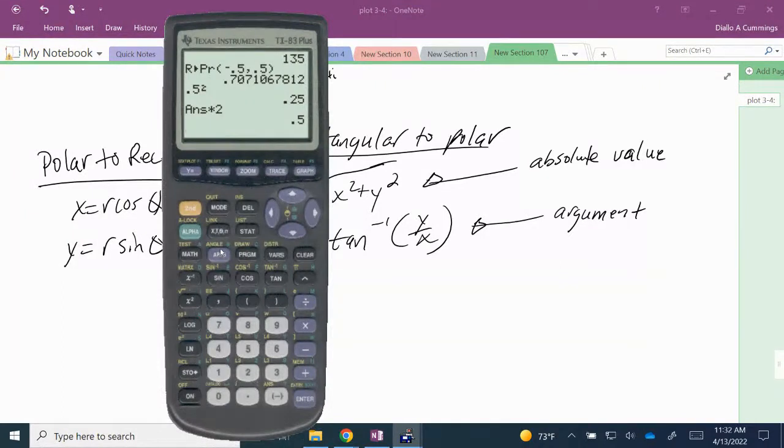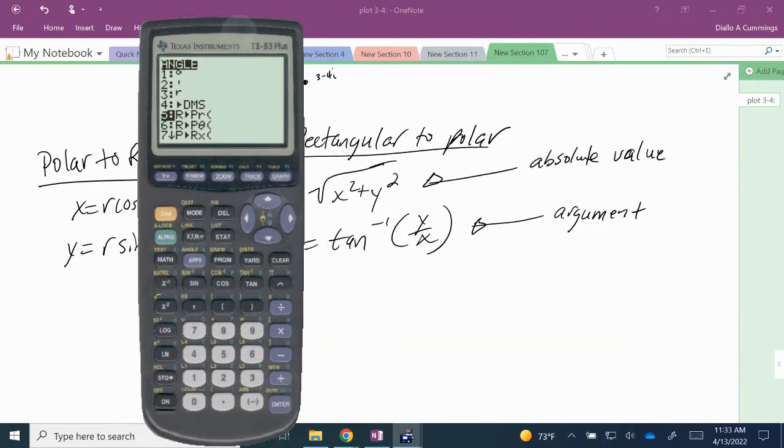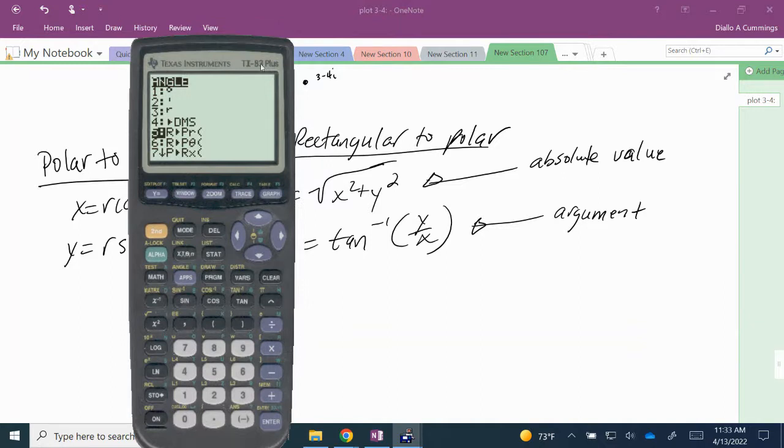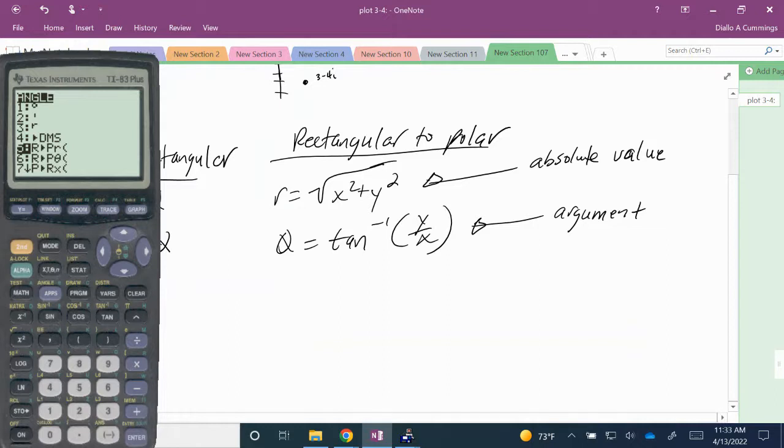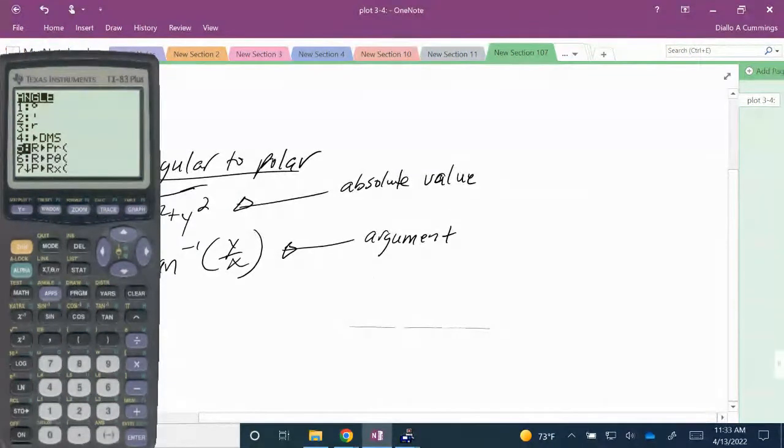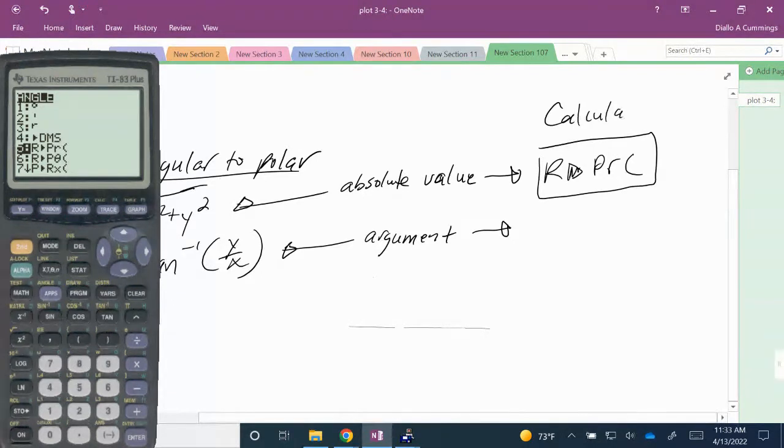If I were to go into angle, the fifth function was to find r, and the sixth function was to find theta.